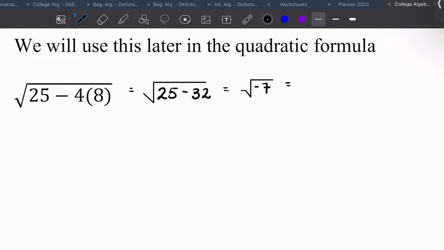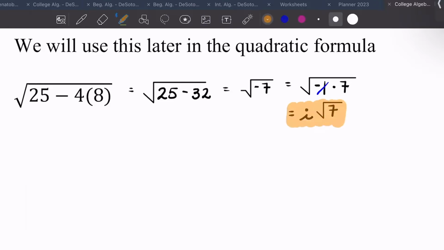Which we can write as the square root of -1 times 7. Well, the square root of -1 is i. And there's nothing that we can do to the square root of 7 to simplify it, right? It doesn't have any factors besides 1 and 7. So we just get i times the square root of 7.